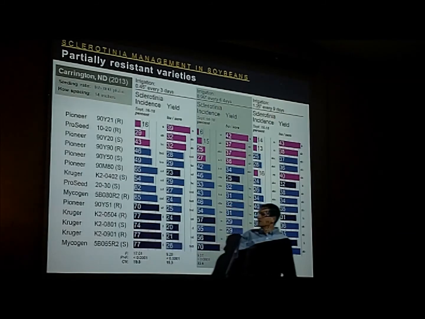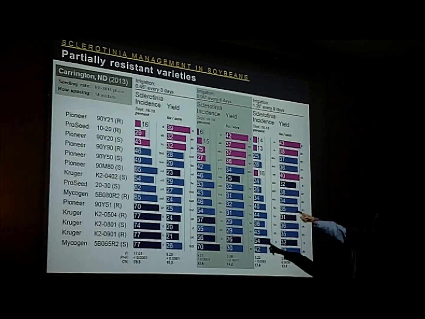And these Kruger varieties, again, same deal. And I'd even say that with Pioneer 90Y50 versus 90Y51, you can see that rating is not the most important. So basically the take home is the ratings that the companies are providing us are sometimes useful. And this is what these initial data suggest.